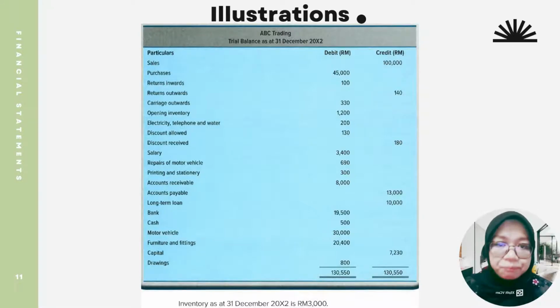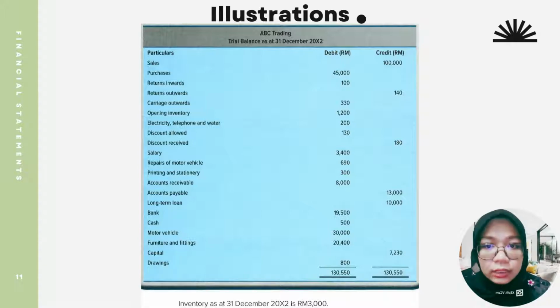For example, sales, purchases, returns inwards should be going to the statement of profit or loss, and then returns outwards, carriage outwards, opening inventory, electricity, telephone and water, which are expenses, and then discount allowed, discount received, and salaries, repair of motor vehicle, printing and stationery. All up to printing and stationery should go to the statement of profit or loss.